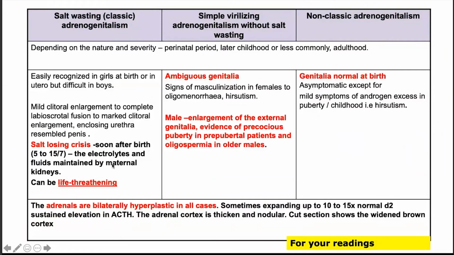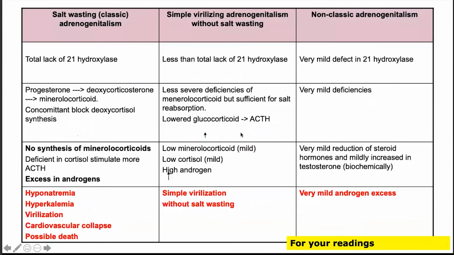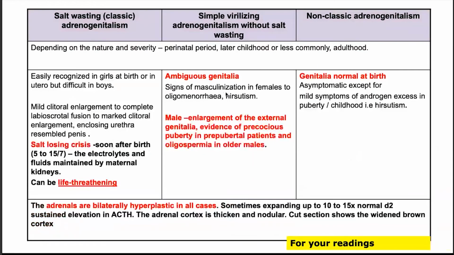But in our case, these patients mainly present with ambiguous genitalia. Meaning that if it is less than total, not total, at least they can still have some ACTH, although it is lacking.